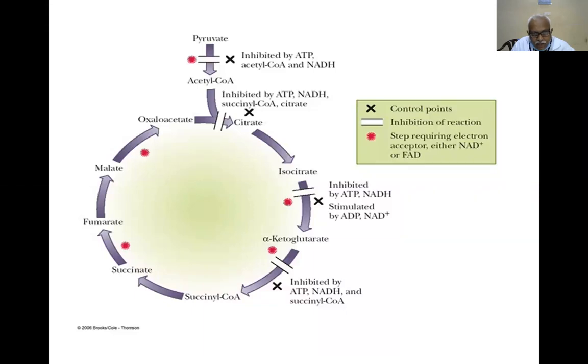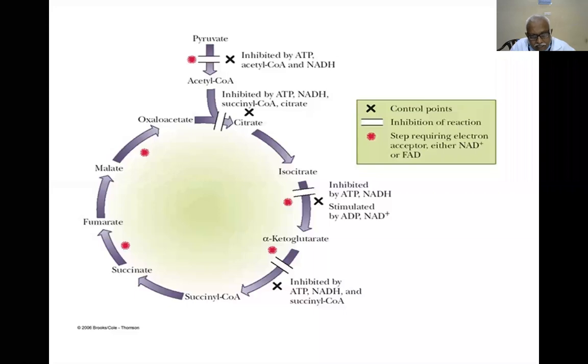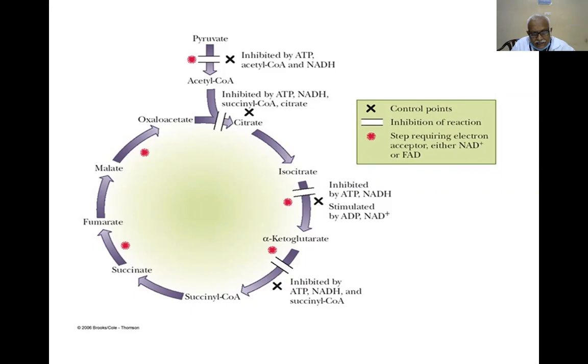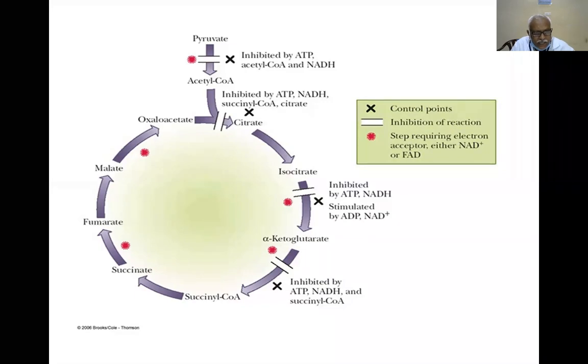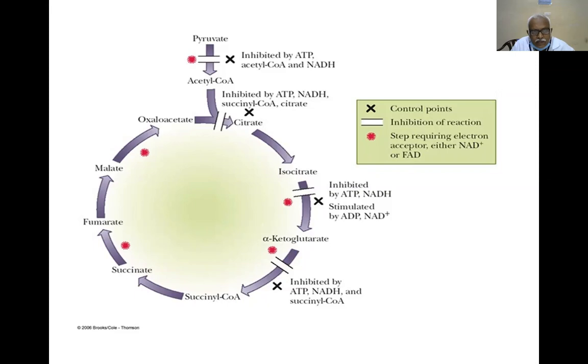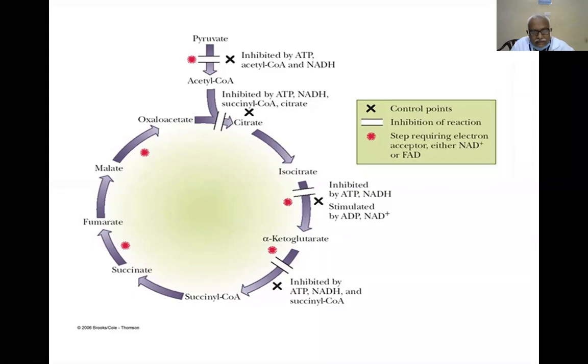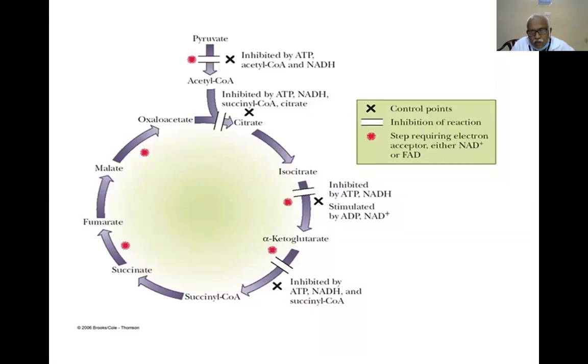Alpha-ketoglutarate will be converted to succinyl-CoA, but if large amounts of ATP, NADH and succinyl-CoA are present, that step will not continue. It will stop there. The succinyl-CoA will be converted to succinate, the succinate to fumarate, the fumarate to malate, and malate into oxaloacetate. Okay. So this is the cycle, and these are the importance of various steps, the control points and inhibition of the reactions.